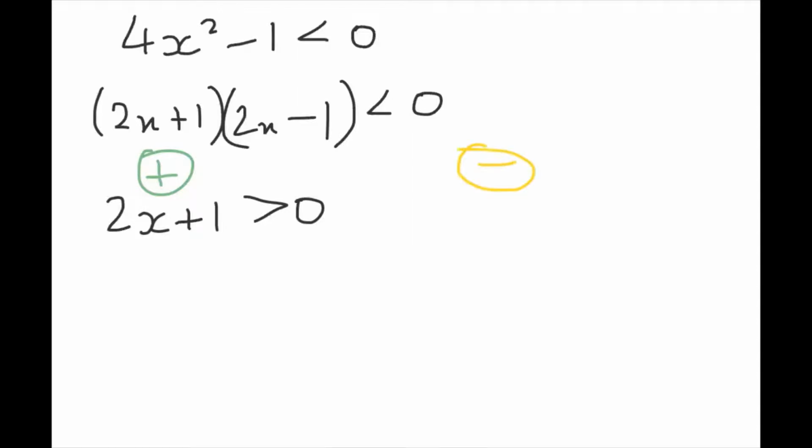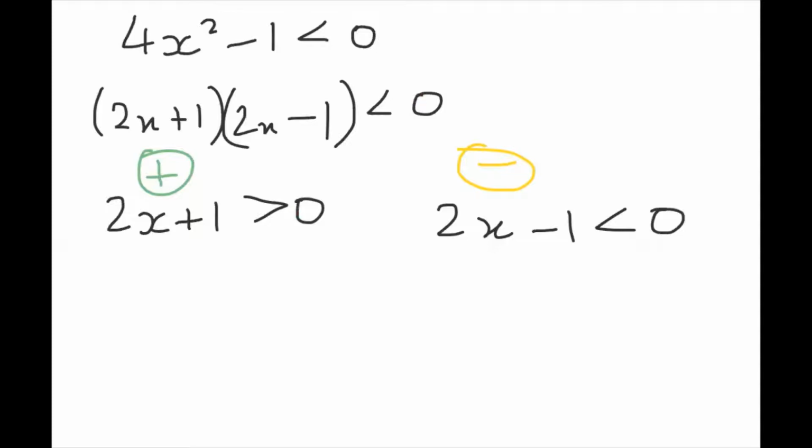So therefore, the 2x minus 1 must be less than 0. So there you go. 2x minus 1 less than 0, meaning it's negative. And 2x plus 1 greater than 0, it's positive. And the positive and the negative will give you the negative, which is less than 0.